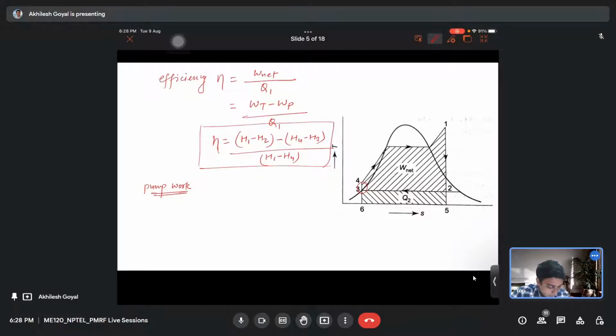So in the control volume, we can say enthalpy H is equal to U plus PV.